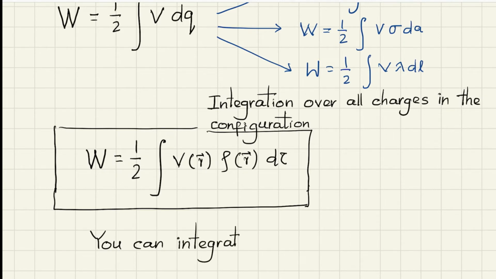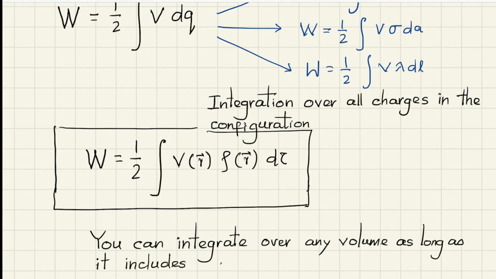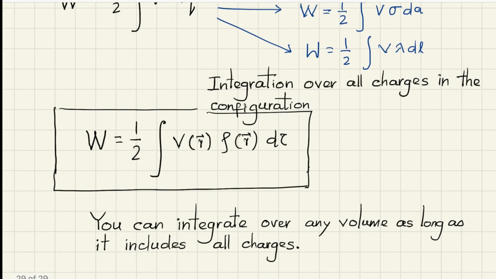You can integrate over any space, any volume, as long as it includes all the charges, because where ρ is 0 it doesn't contribute to the energy. So the integration could be over a volume which is larger than even where the charges are stored.